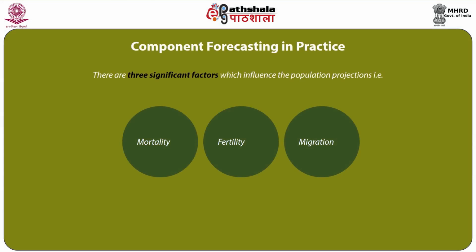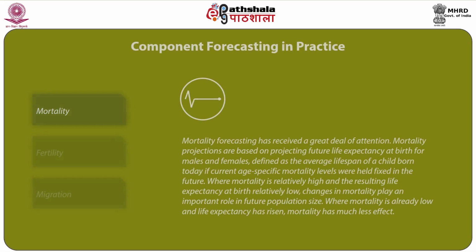Important components which have to be considered in forecasting: there are three significant factors that influence population projections, namely fertility, mortality and migration. Mortality forecasting has received a great deal of attention.